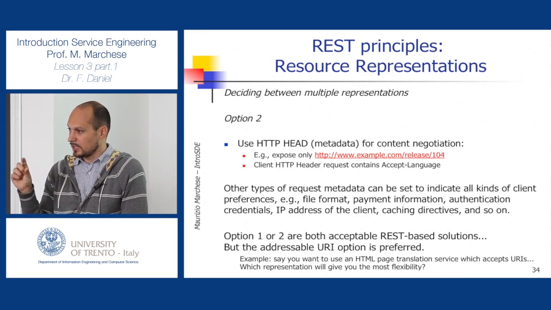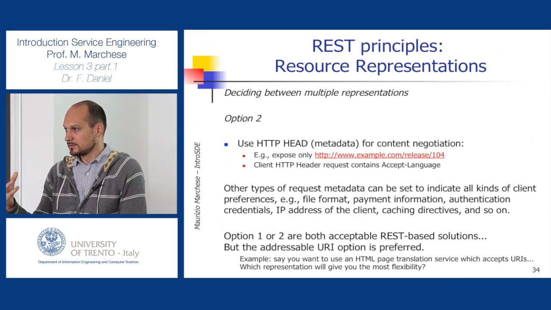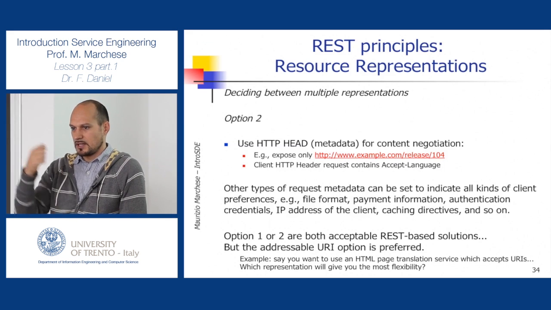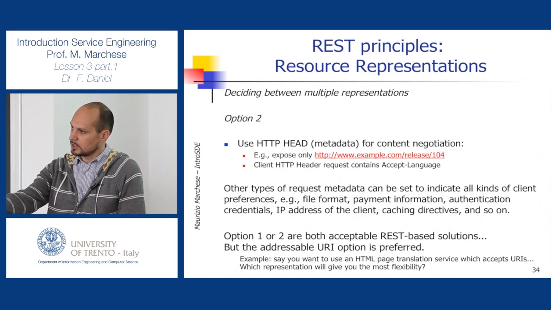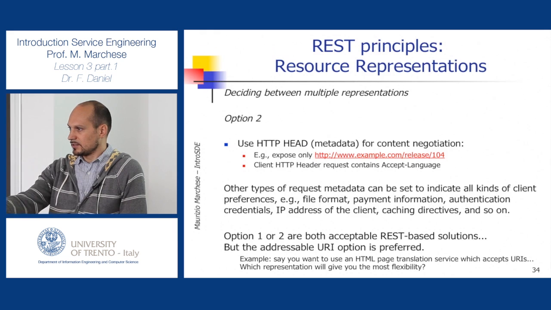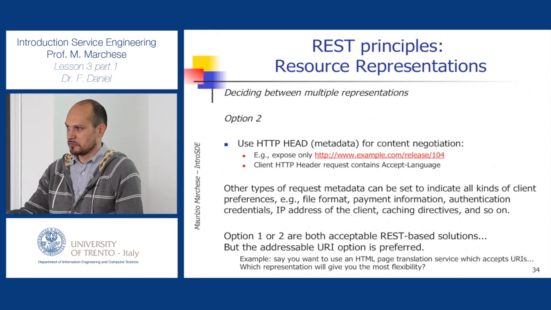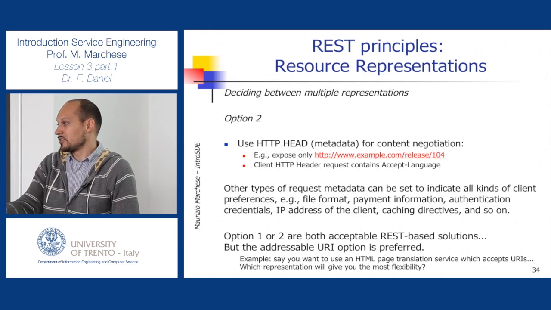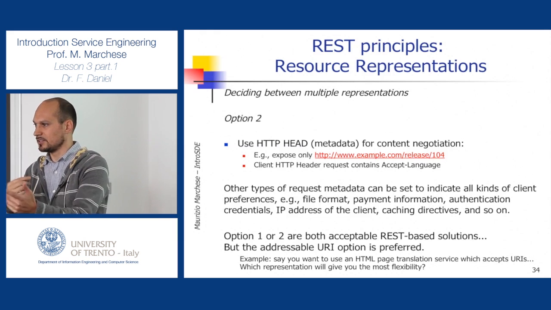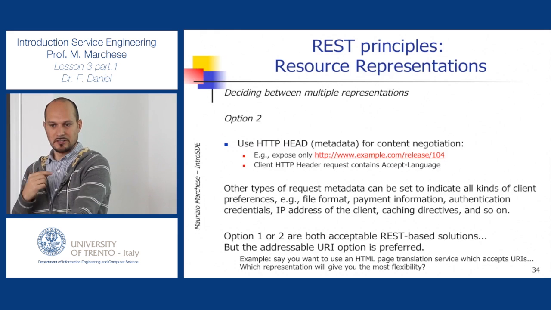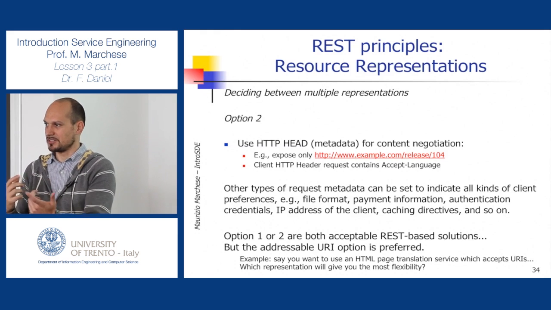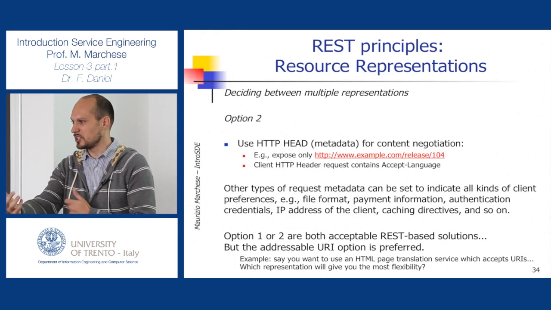And this is what you can, so to say, negotiate. If you as a client ask the resource which representations it has, then you can reason about it. You can say, okay, I would like to have this or that. Or you can immediately issue, I want to have XML, and then the answer from the server would be, no, I don't have XML, I only have JSON. And then you say, okay, then give me JSON.